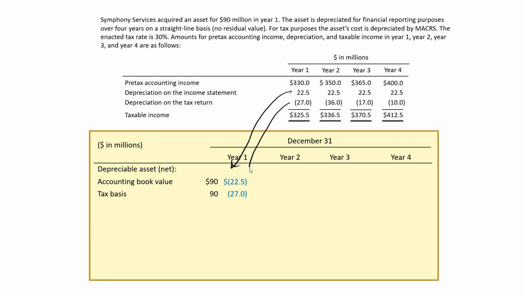And so at the end of year one, that leaves us with a temporary difference of $4.5 million between the amount of depreciation, giving us an accounting book value of $67.5 million for GAAP, and a difference of $63 million tax basis, right?